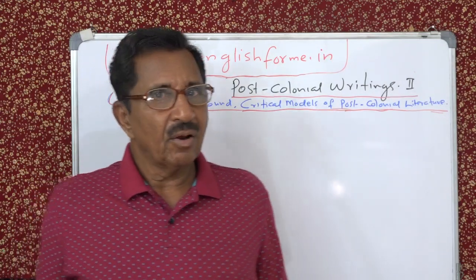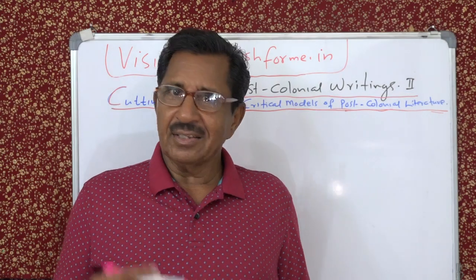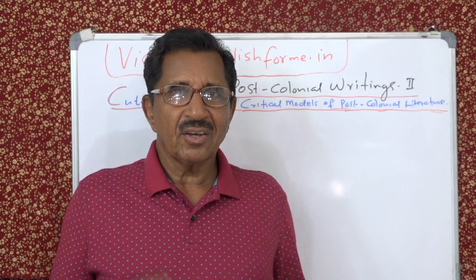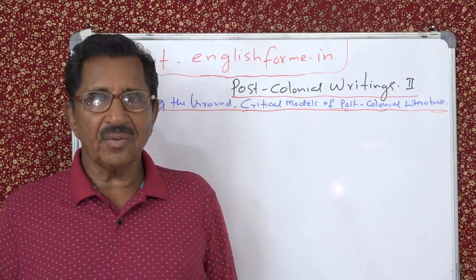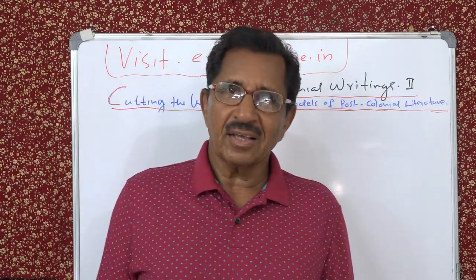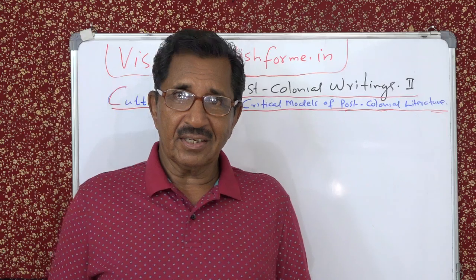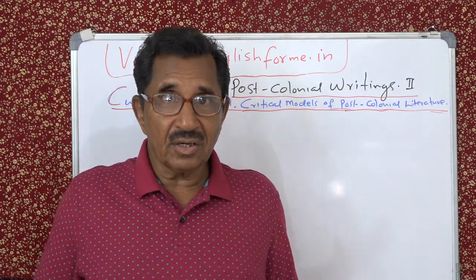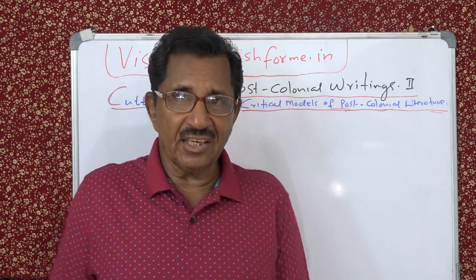For example, all this critical theory, right from Aristotle, then you have got Ars Poetica, Longinus on the sublime. Then when you come to England, you have got such great writers as Sir Philip Sidney, isn't it? The Defense of Poesy. And you have got Dryden, John Dryden, Wordsworth, Shelley.